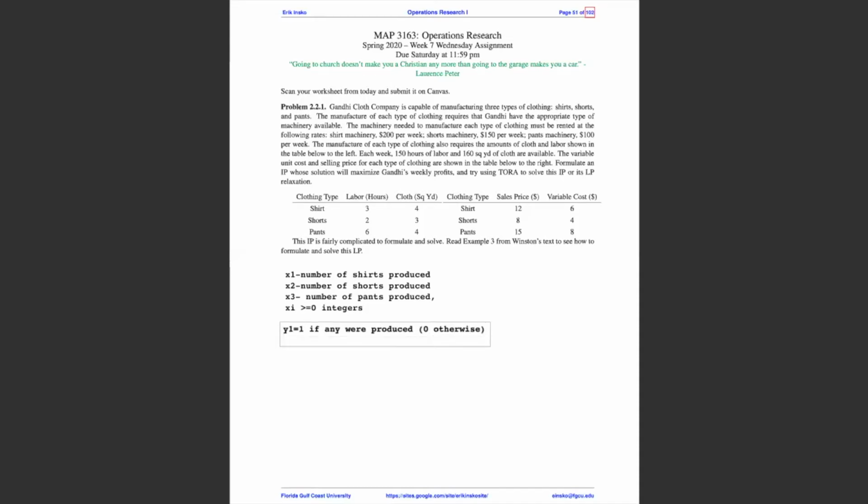Similarly, y2 would be equal to 1 if any shorts were produced, and again 0 otherwise. And y3 would be the same thing but with pants.